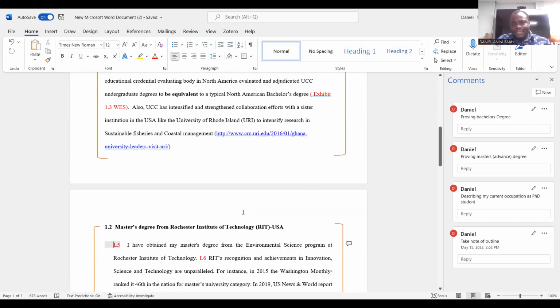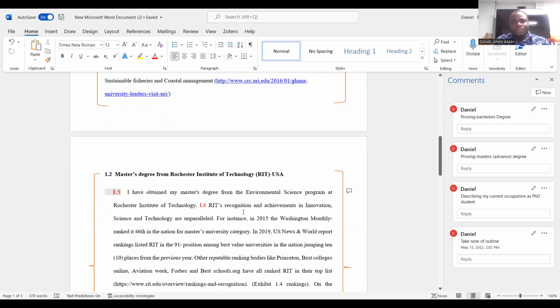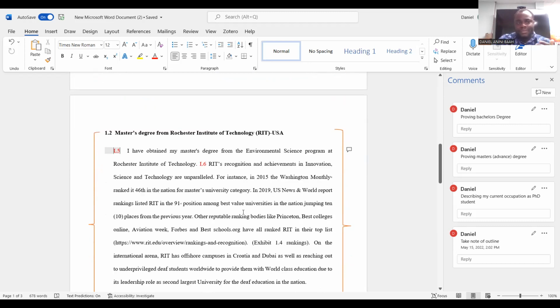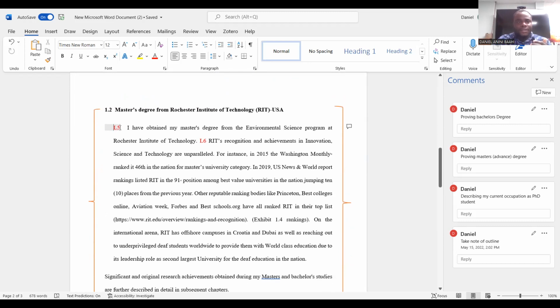Now, from his bachelor's degree level, he came to the master's degree level. Now, let's look at what he said at the master's degree level. Line 5, if you look at it here, he said that I have obtained my master's degree from the environmental science program at Rochester Institute of Technology.